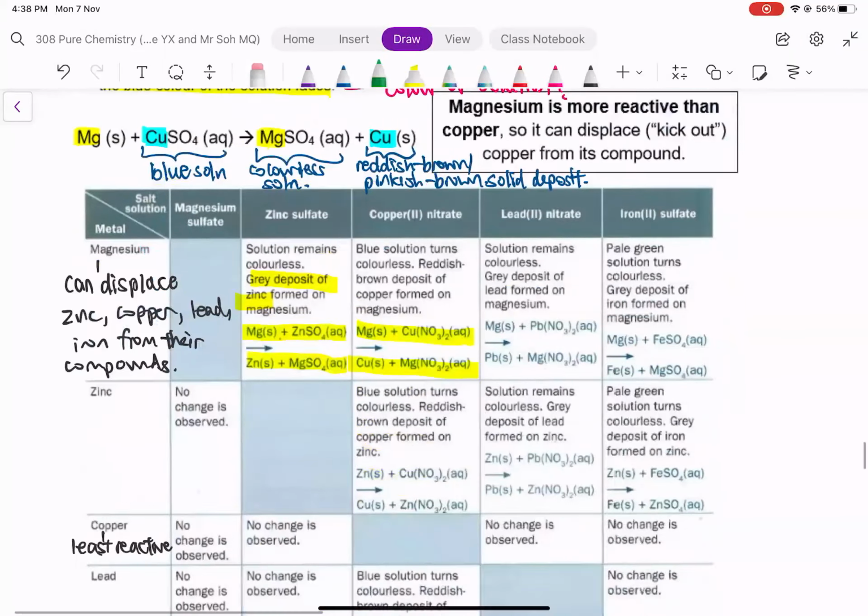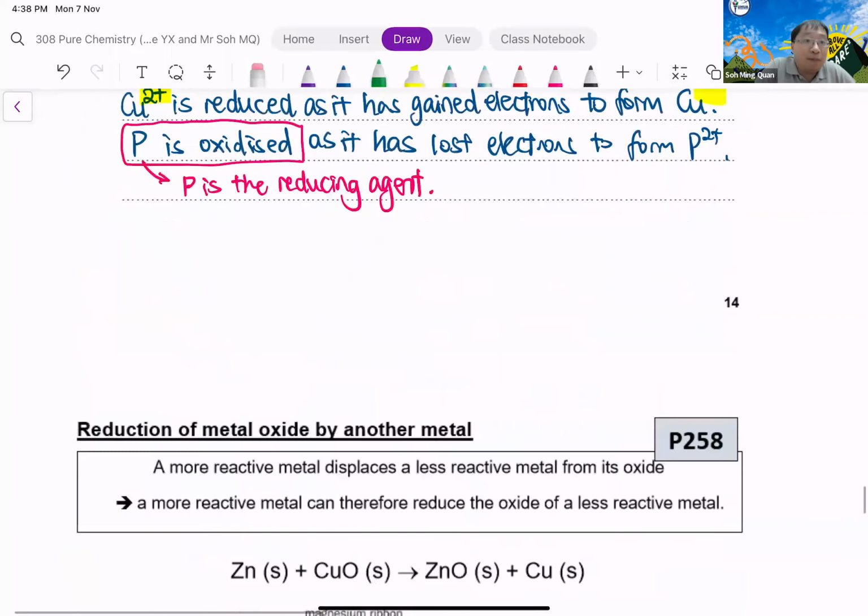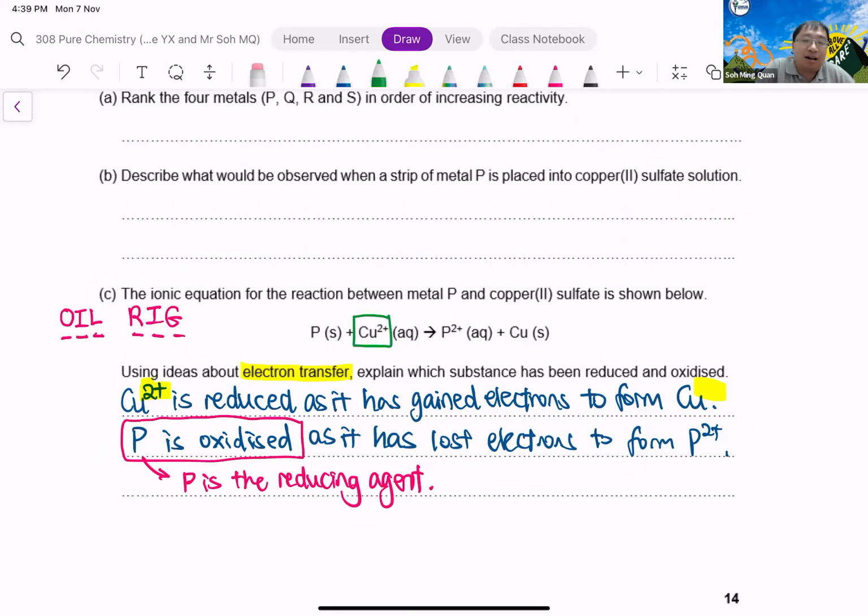Yeah, so now let's go back to page 14, same page now. So P is more reactive. Why? Because it can displace copper from its compound. So what is the compound? The compound is copper(II) sulfate. Yes. Okay, thanks, Rishi.